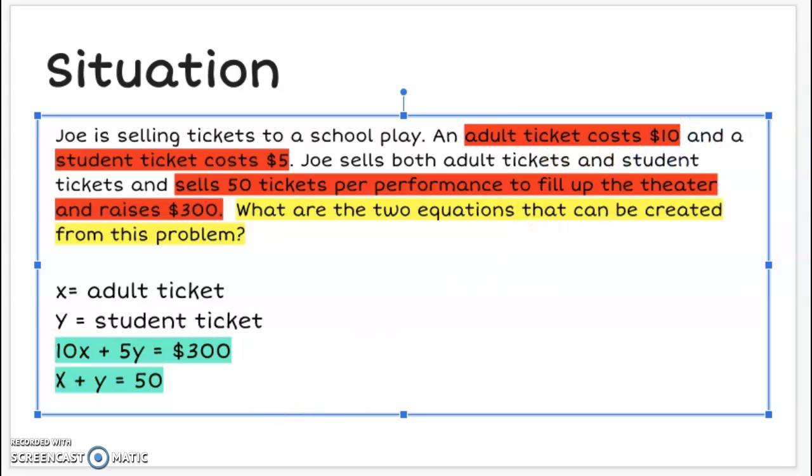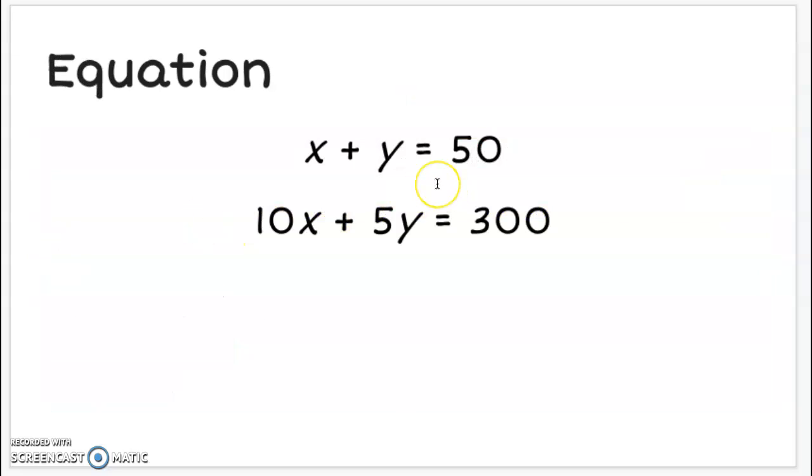So now I have them written on the next page. Let's see if we're correct. Perfect. x plus y, so adult tickets plus student tickets, Joe sold 50, and the adult tickets were $10, student tickets were $5, and altogether he made $300.